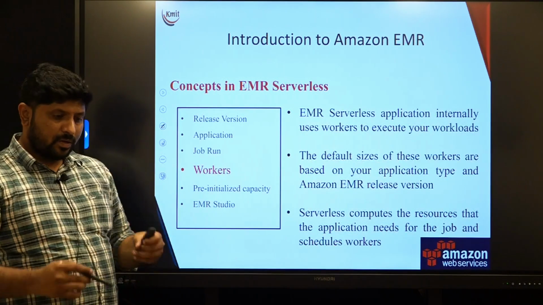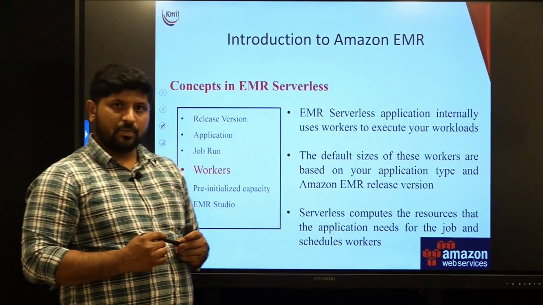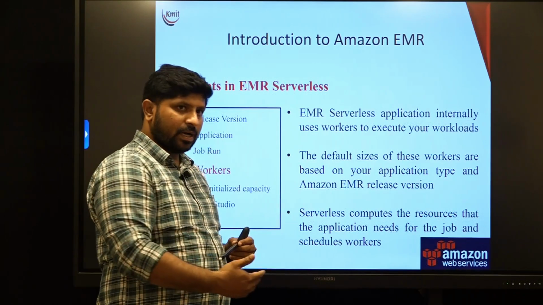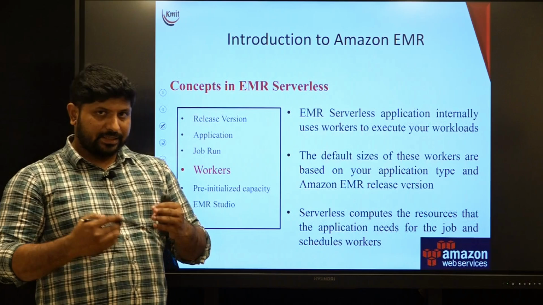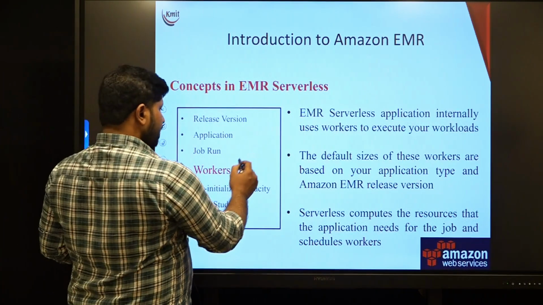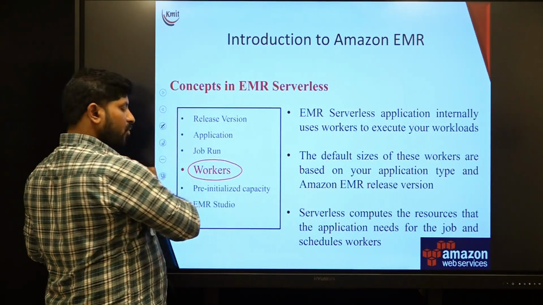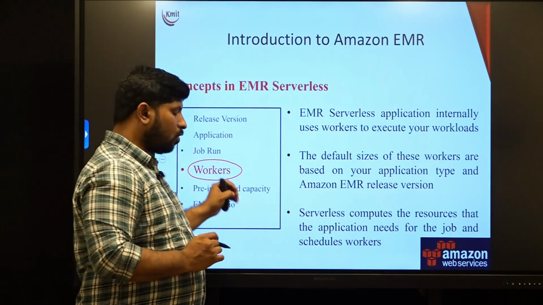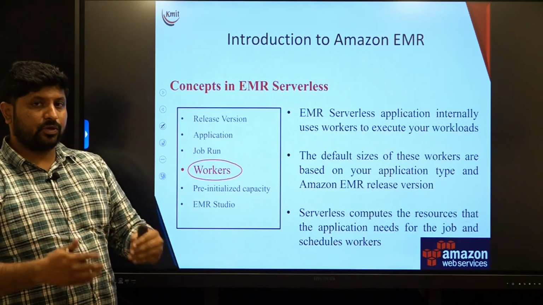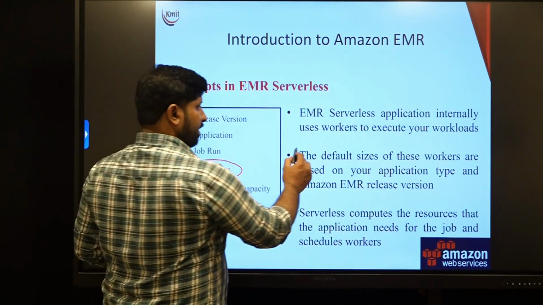Next, when you are going to submit your job, how will EMR Serverless execute those jobs? For execution purposes, Amazon EMR uses worker nodes, and these are the worker nodes which exactly execute your job in the backend.